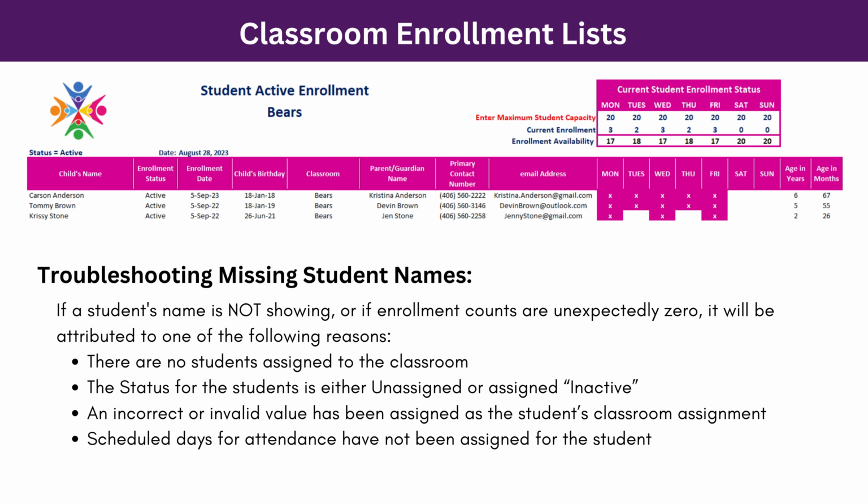This generally happens if classroom names are updated in the Classroom Manager and you have not updated the student's record with the new value. Or 4, scheduled days for attendance have not been assigned for the student on the master enrollment list. Remember to put an X for each day that the student is attending.